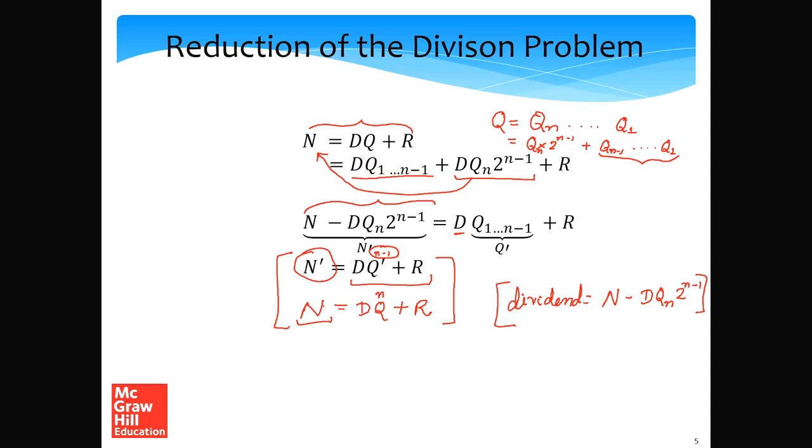Similarly, I can carry on in the same fashion. I can have one more equation, d times q double dash plus r, where q double dash contains the last n minus 2 bits of the quotient. If I have some way of again figuring out the n minus 1th bit of the quotient, I can come to this equation. Similarly, I can go down, down, down till I reach one point.